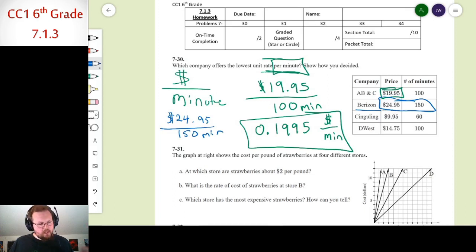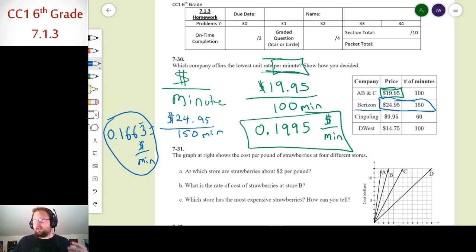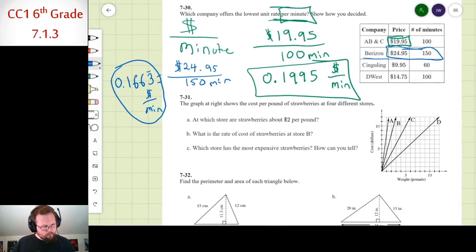So you take 24.95 divided by 150, and you get a decimal value of 0.166 repeating. And this is in dollars per minute. So at the start of this, the first one is cheaper than the second one. So do that for the next two, and then figure out which one is going to be the lowest overall.